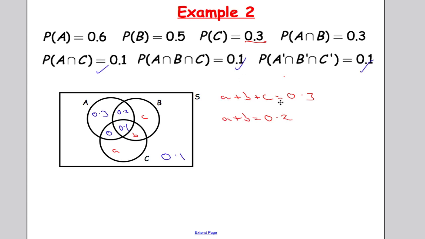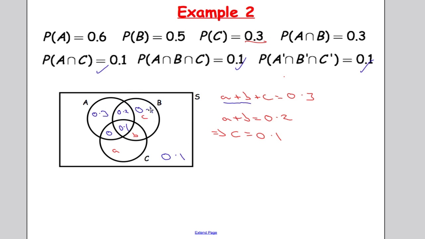And if we look at our first equation here, well, if this bit here is 0.2, that means c must equal 0.1. So let's fill that into our diagram now. That's 0.1. Now can I finish off B?